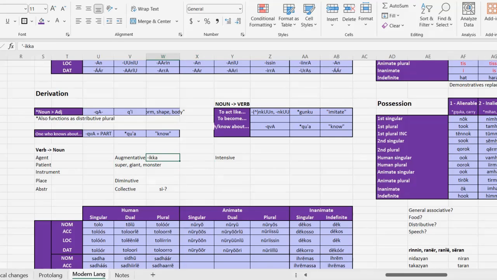So if it is a suffix, then it will be treated as the stem for the purposes of determining declension, etc. So I think the protoform ikahi should get us what we want, because having that final vowel be long will mean that it will receive the stress when case marking is added, which means it'll pretty much always have that geminate K. And since the final vowel is a long I, according to the declension patterns we discussed last time, that'll give us an unspecified high vowel in the human class, an unspecified low vowel in the animate class, and a short I in the inanimate class.